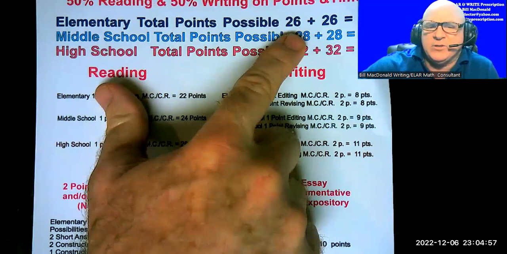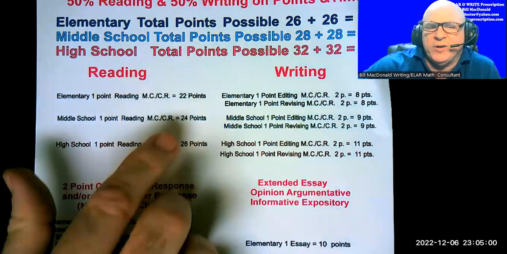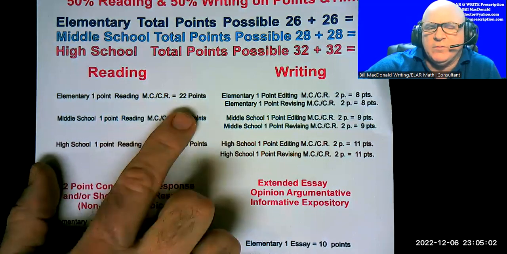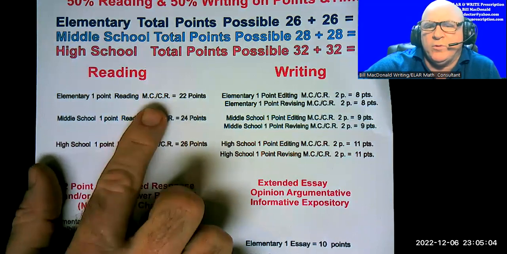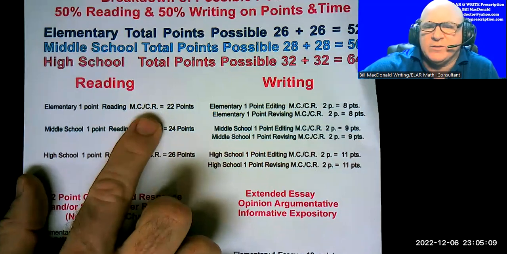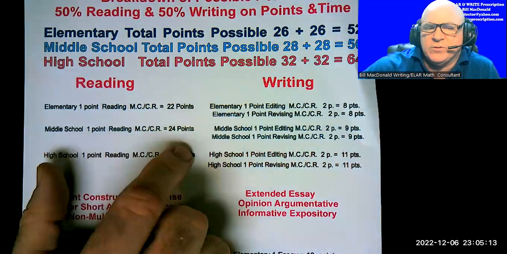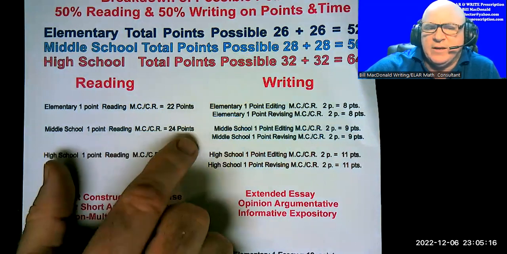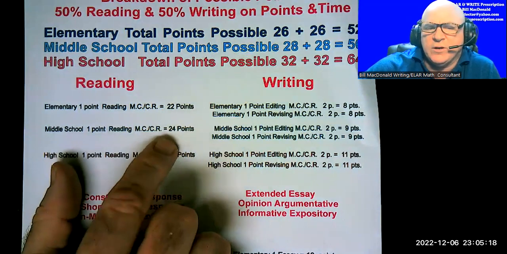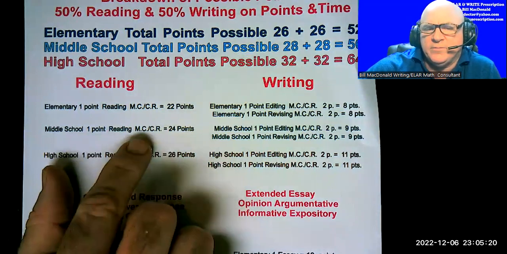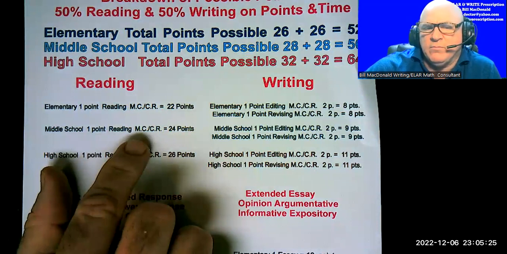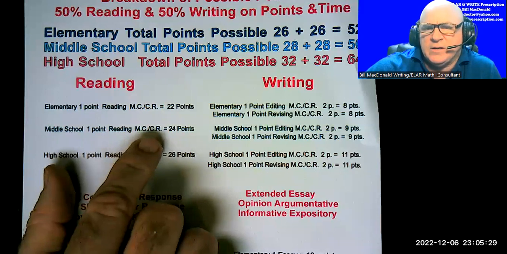That means that 22 of the points are going to be regular 1-point multiple choice or 1-point constructed responses. 28 minus 4 is 24. So in middle school, 6th, 7th, and 8th, 24 points are going to be 1 point. 24 questions will be 1 point multiple choice or constructed response type questions.